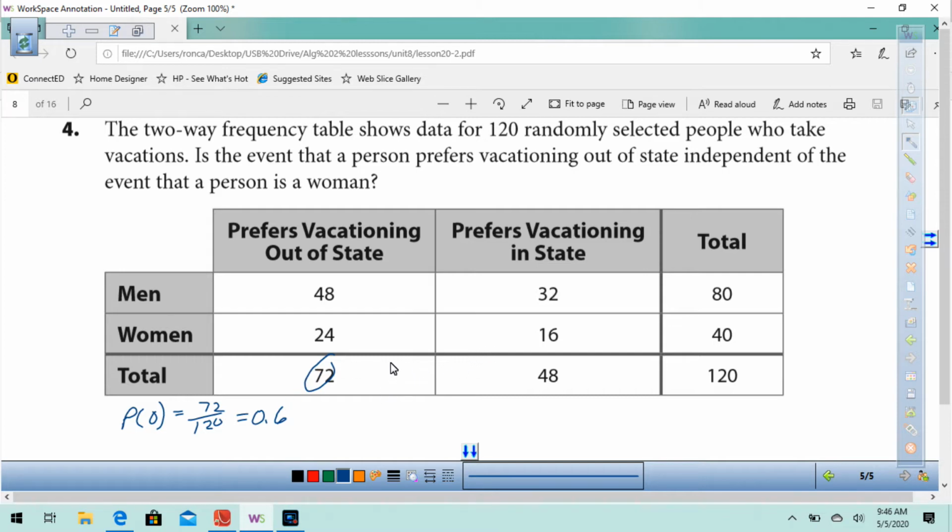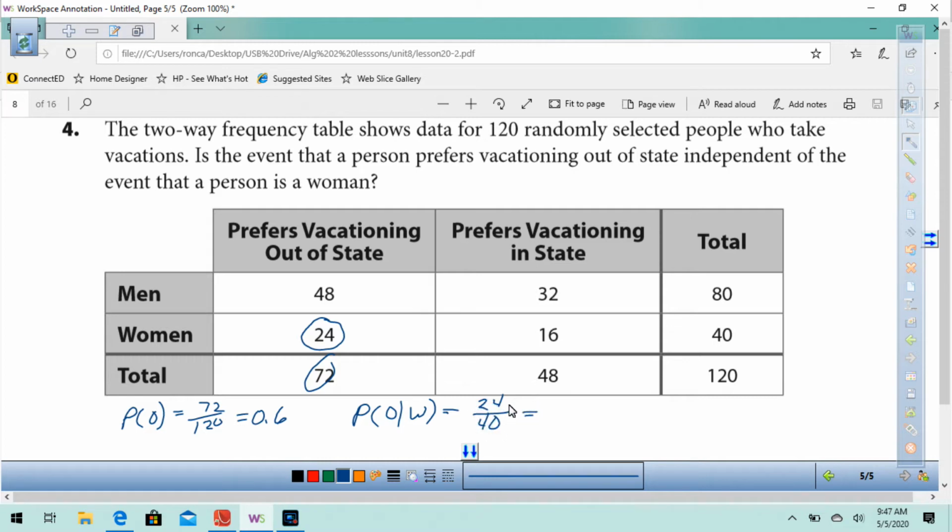Now let's see the probability of out of state, given that they are a woman. Well, that's going to be 24 over 40.